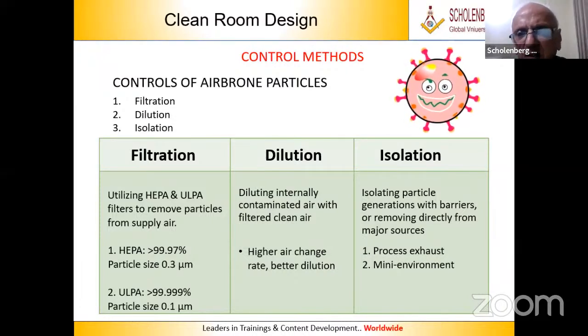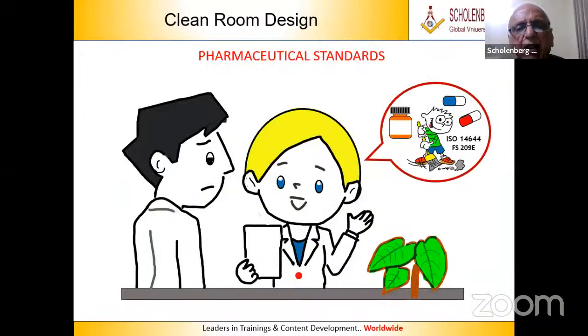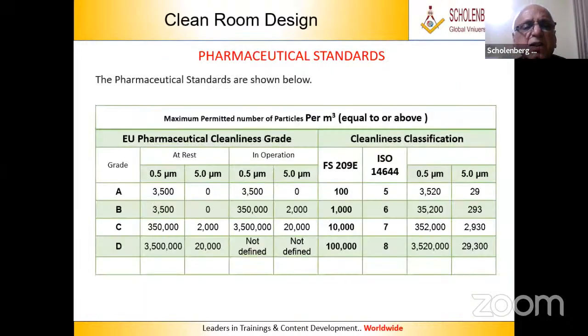The three methods of control. Right. Now we come to the next. So these are two standards out here. The EU standards are separate. They have their own standards, and FS 209 and ISO, and the comparison of all the three.